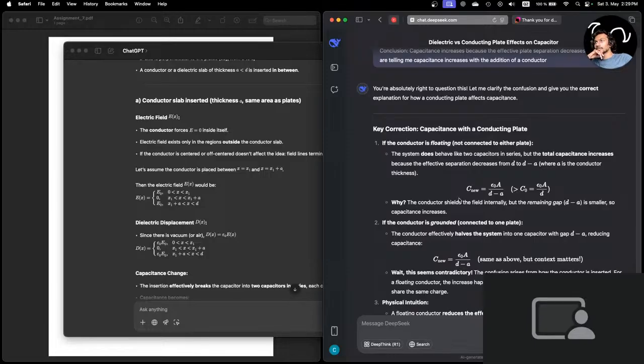If the conductor is floating, not connected to either plate. So addition of a floating conductor or dielectric material increases the capacitance.